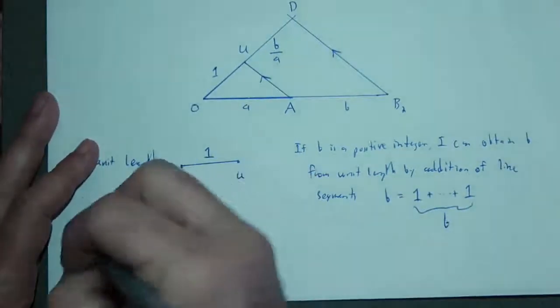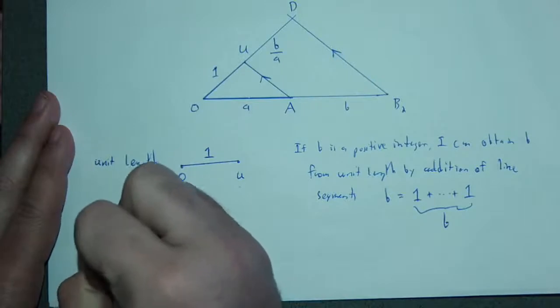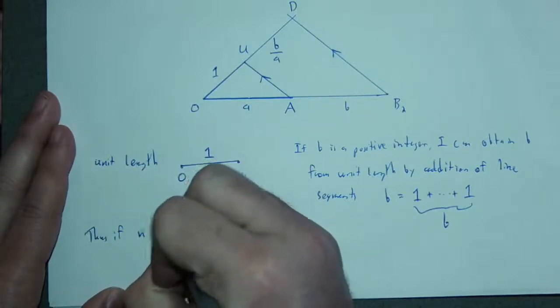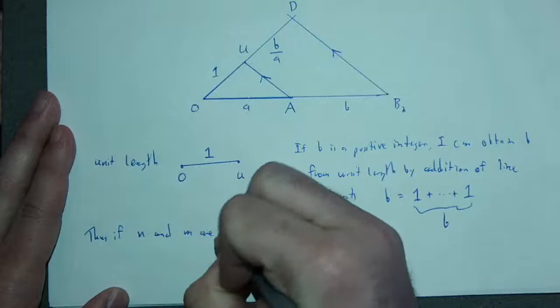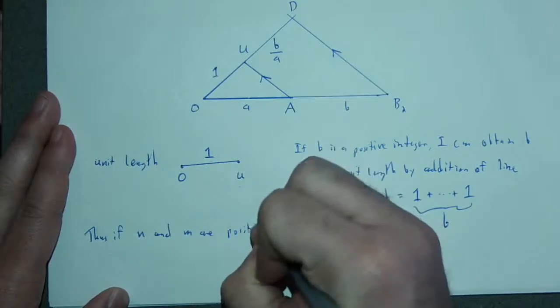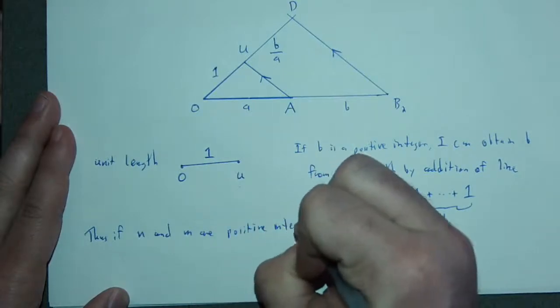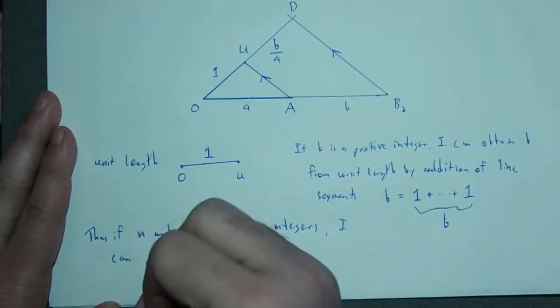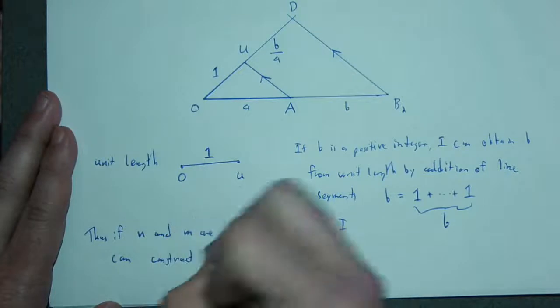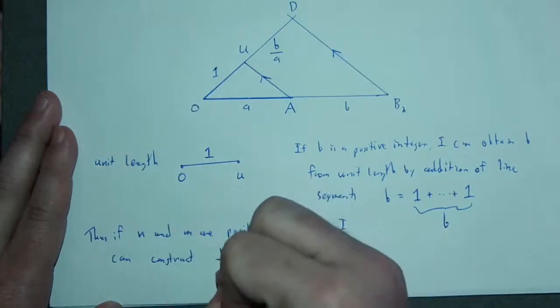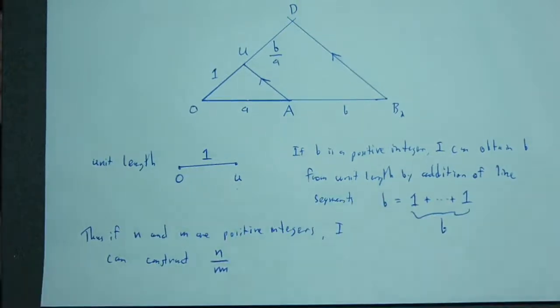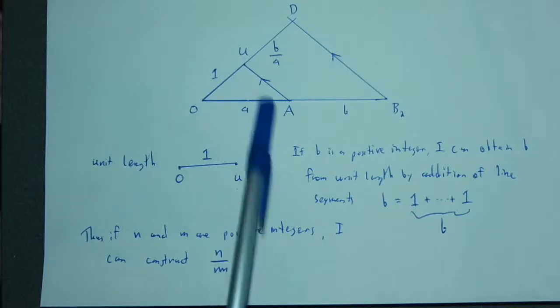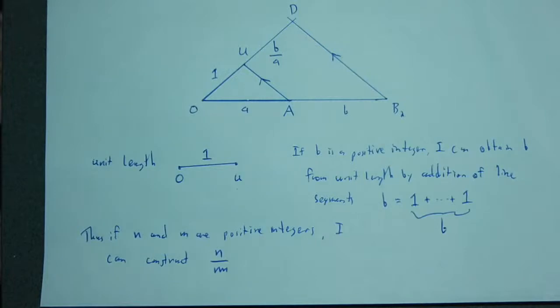So then, thus, if n and m are positive integers, I can construct n over m. I can construct the ratio using this construction of quotients of line segments.